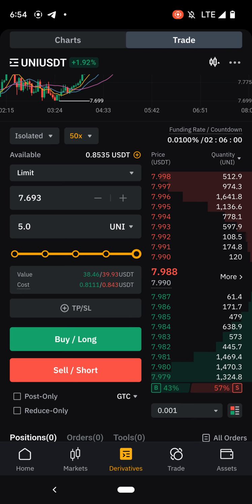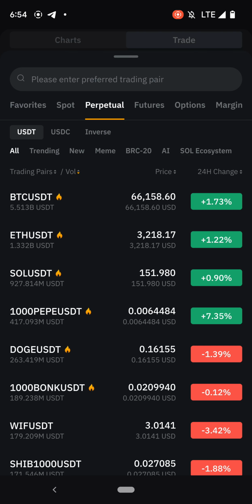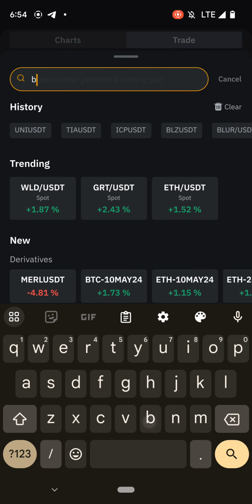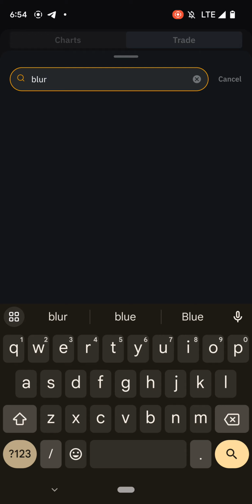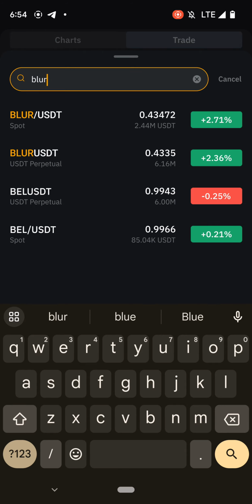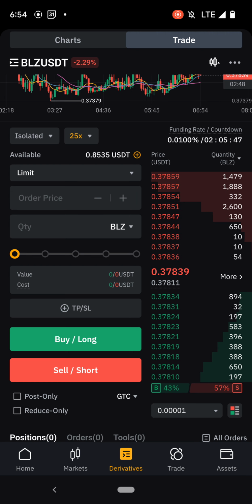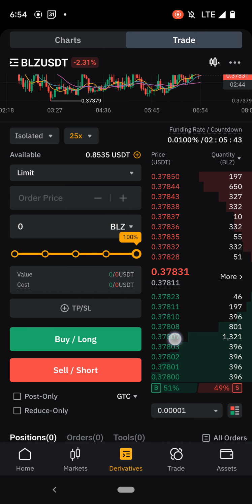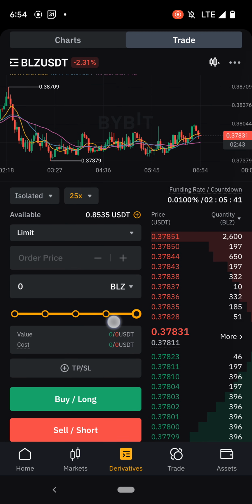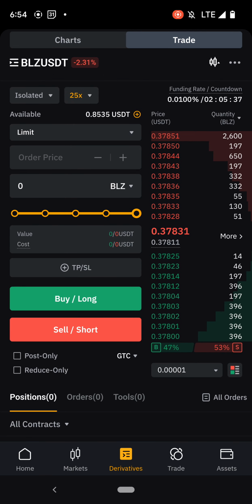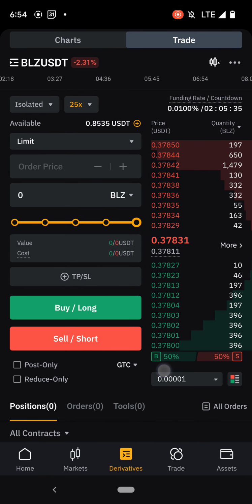Let me take BLUR perpetual. Let's give it time to load.